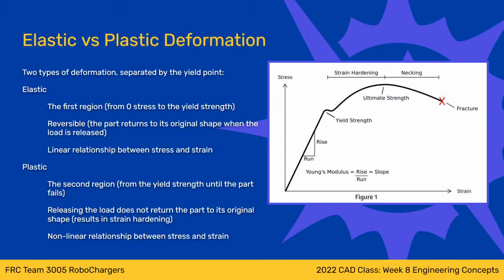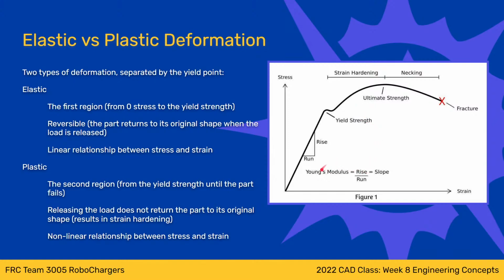Once you release the load and the stress goes back to 0, the part will not return back to its original size. And in addition to that, the relationship between stress and strain follows this strange curve, and it's very hard to predict. There's no easy equation like, oh, it's a straight line, just figure out the slope of the line and do the calculation. It's a much more complicated shape, and it's much harder to work with mathematically.